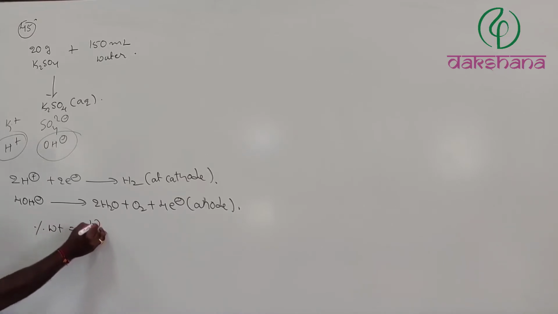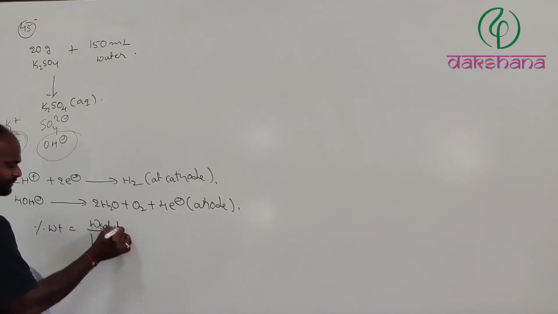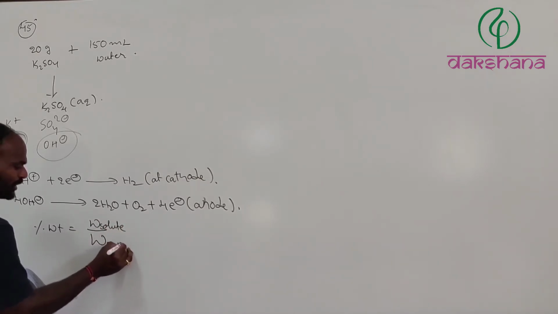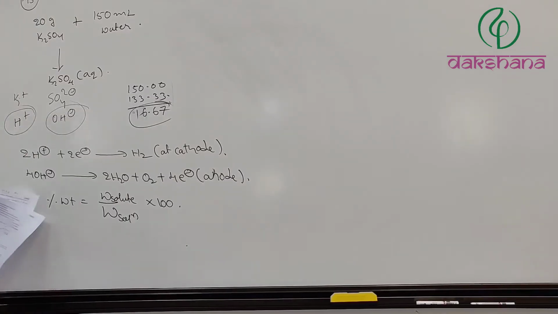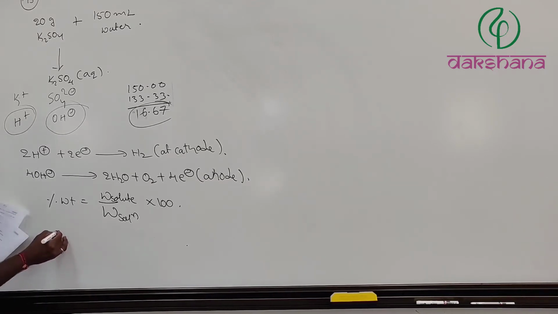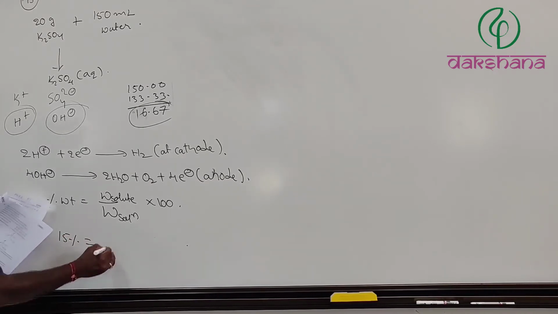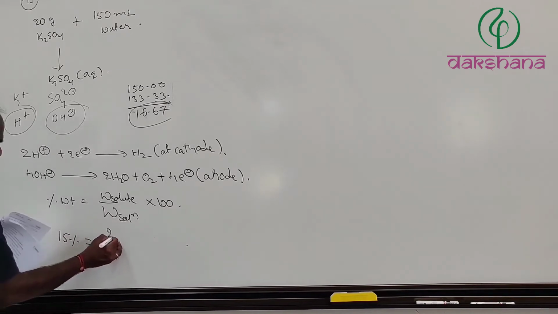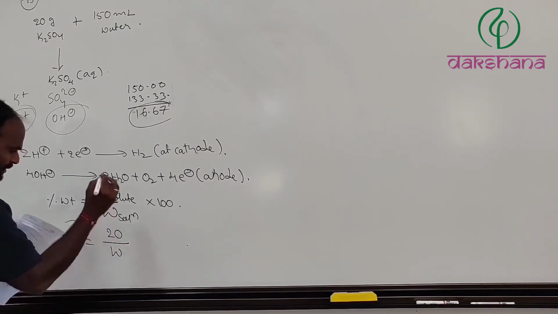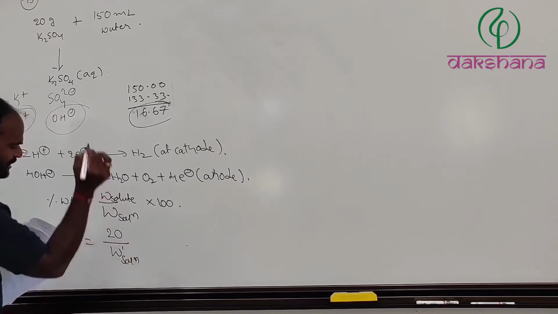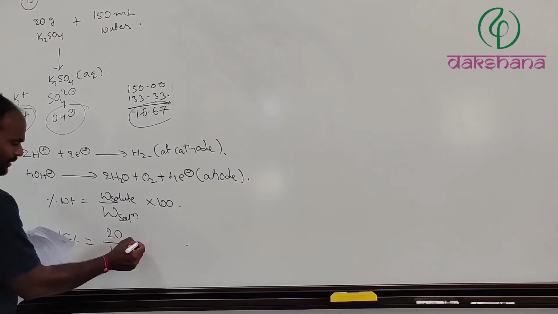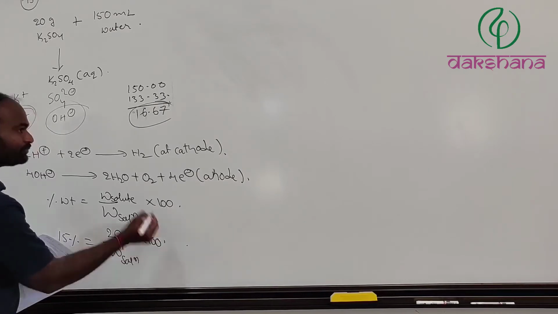Percentage by weight is equal to weight of solute divided by weight of solution, into 100. Percentage by mass is given as 15%. The weight of the solute is not changed, 20 grams intact, divided by the new weight of the solution, into 100.